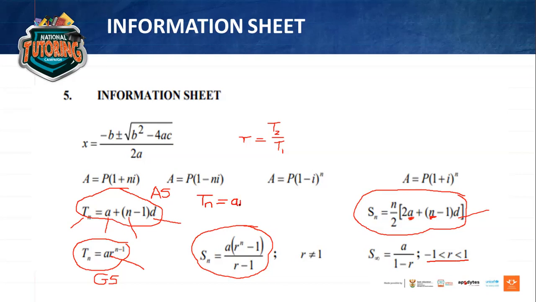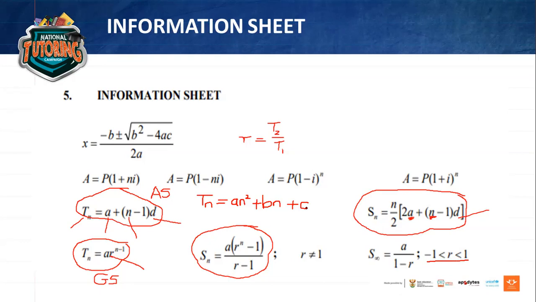an squared plus bn plus c. Please remember, this is now the general formula for the quadratic sequence.